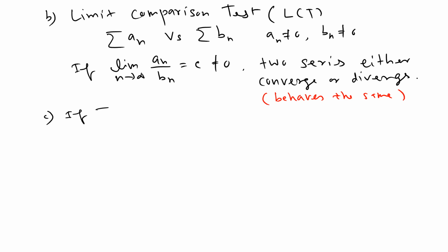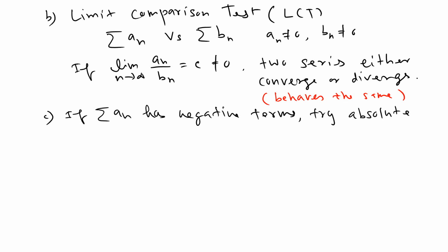So if sigma an has some negative terms, what we can do is try the absolute convergence test, what we call ACT.